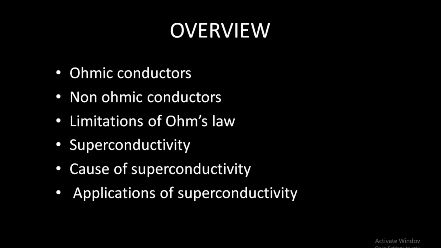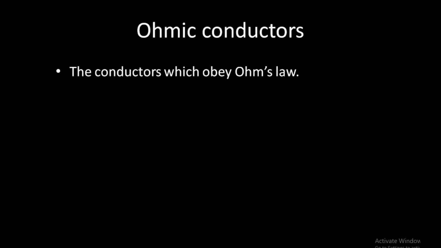Now moving forward to our first topic, that is ohmic conductors. What are ohmic conductors? The conductors which obey Ohm's law are called ohmic conductors. Ohm's law is given by V is directly proportional to I, or we can say potential difference is directly proportional to current.